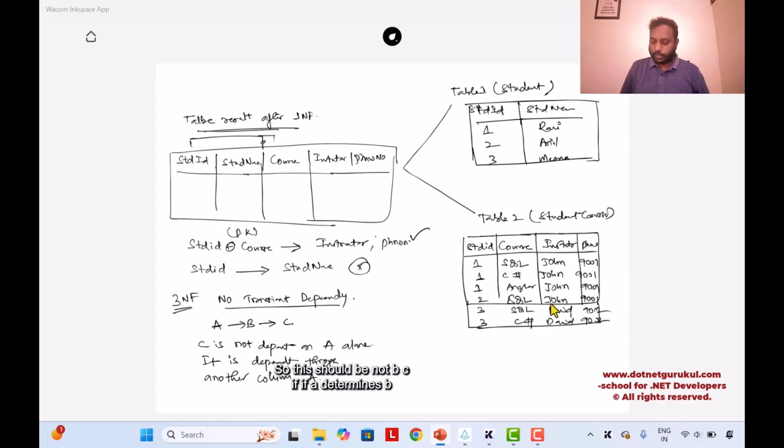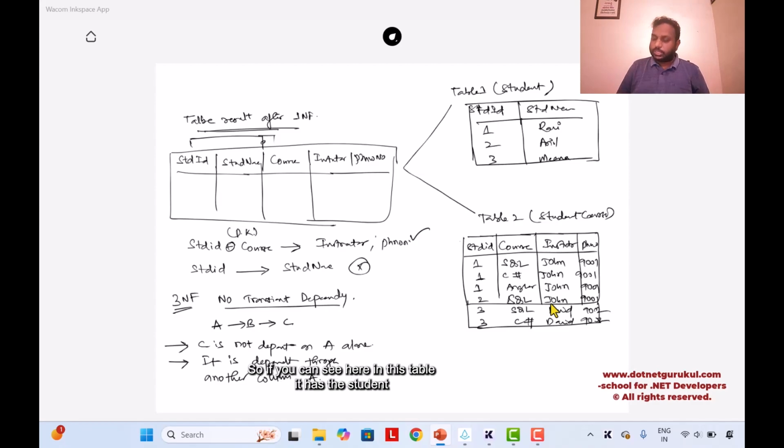See, if A determines B and B determines C, C is not dependent on A alone. Okay, so the first point you have to keep in mind, C is not dependent on A alone. It depends through another column. Okay, so this is nothing but the transient dependency. So here we should not have the transient dependency in our tables.